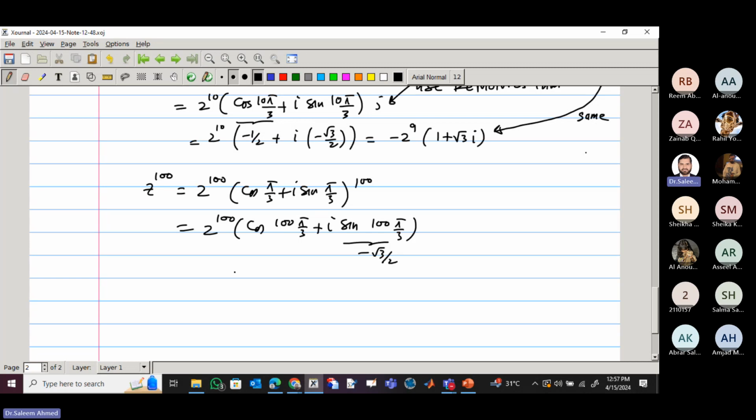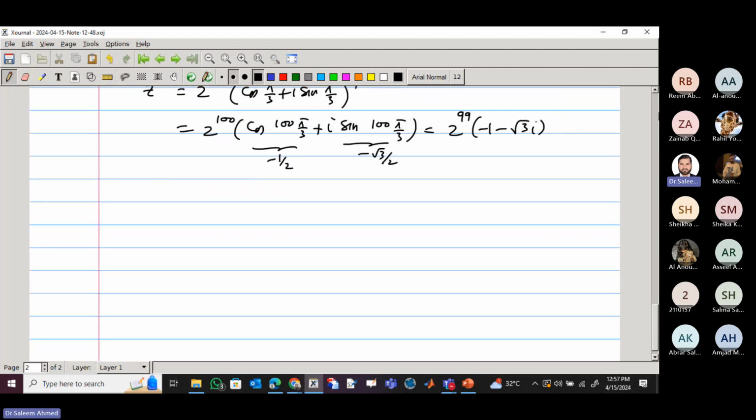And cos 100 pi by 3 is minus 1 by 2 again. So I got 2 to the power 99 into minus 1 minus square root of 3 iota. Okay. So you can get any power, no issues. Power 49, 99. Finding the powers is very easy.